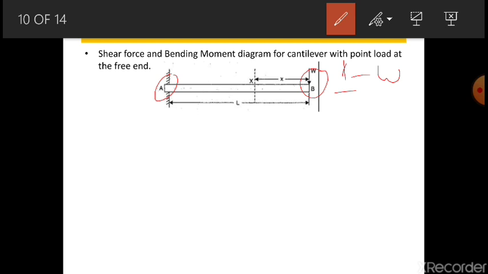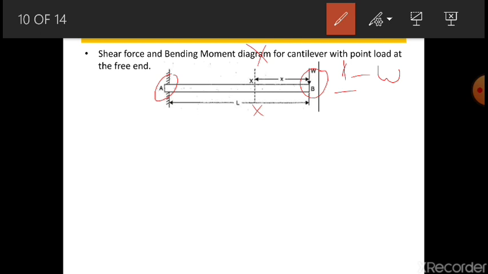Now suppose, as given in this diagram, at the distance x, the section is taken. With respect to this section xx, you have to calculate the shear force for that beam. This x is now a distance, and at this section xx we want the shear force. So what will be the shear force?